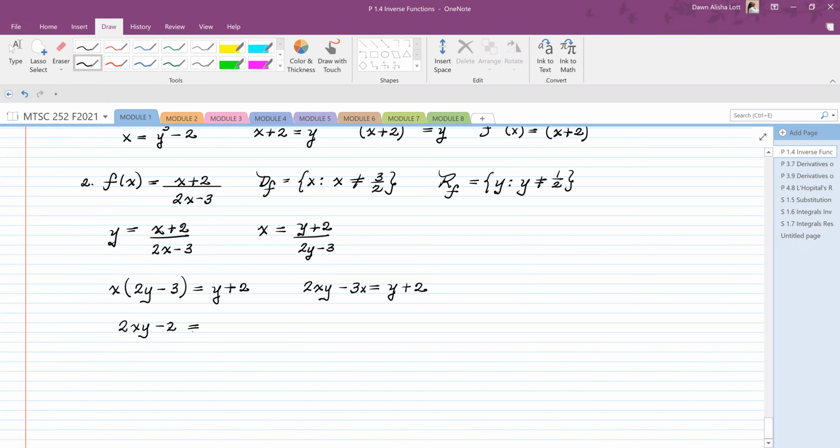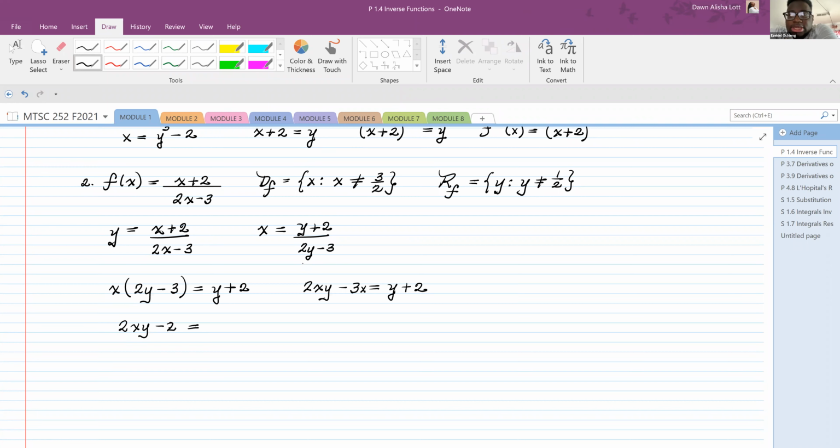What in the world did I do? Okay, y is equal to x plus 2 over 2x minus 3, switch them. X is equal to y plus 2 over 2y minus 3, multiply. Were you trying to do the distributive property for x times 2y minus 3? Oh, wait, never mind. No, actually, I see it.